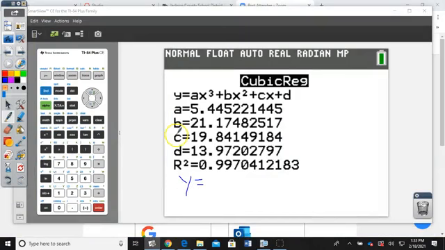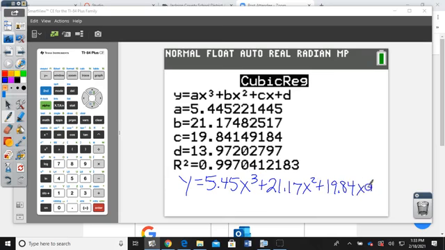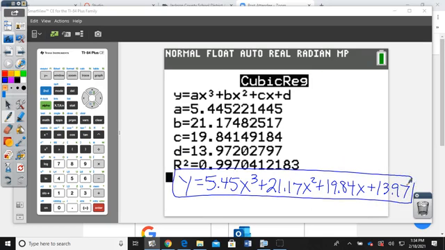Y equals, A is 5.44, so I'll just say 5.45, I'll round to the nearest hundredth. x to the third plus 21.17 x squared plus 19.84x plus 13.97. That is number 17.